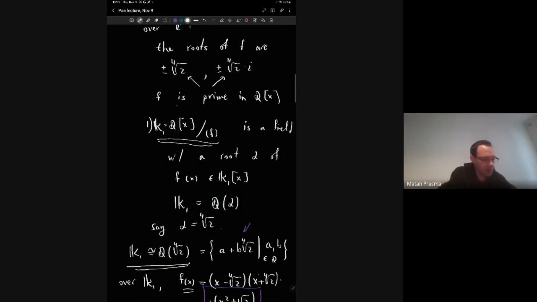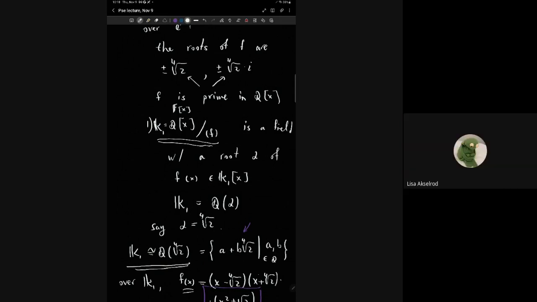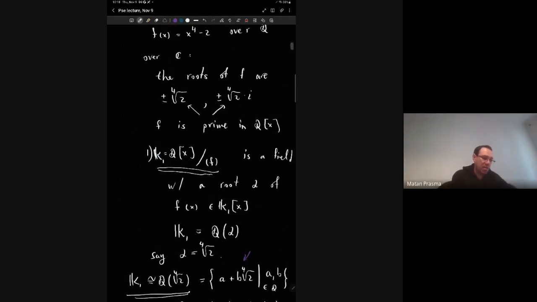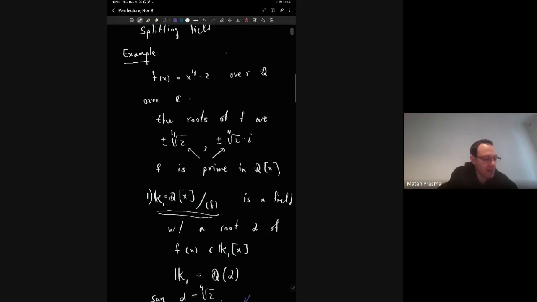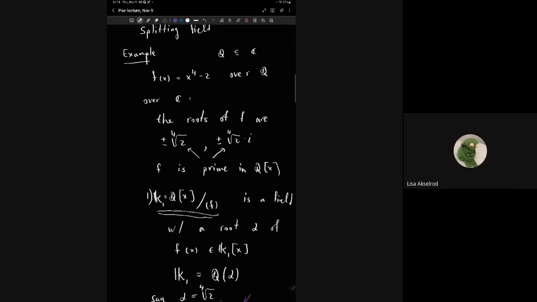If I write F[x], it means polynomials whose coefficients are in a field F. But at some moment we also had i, but we didn't introduce C[x]. Yes, but this is all under the umbrella of the fact that Q is contained in C. Right.